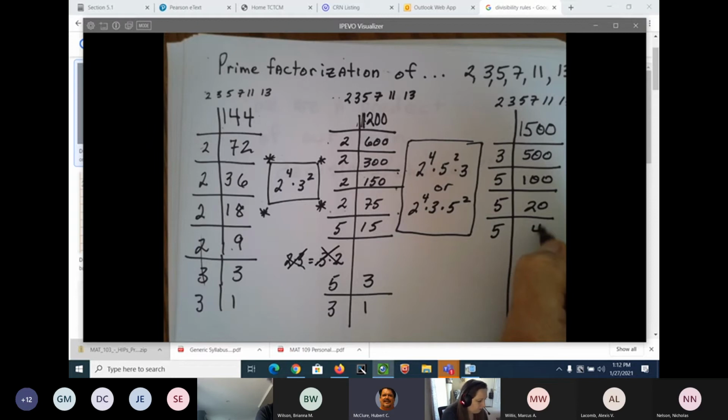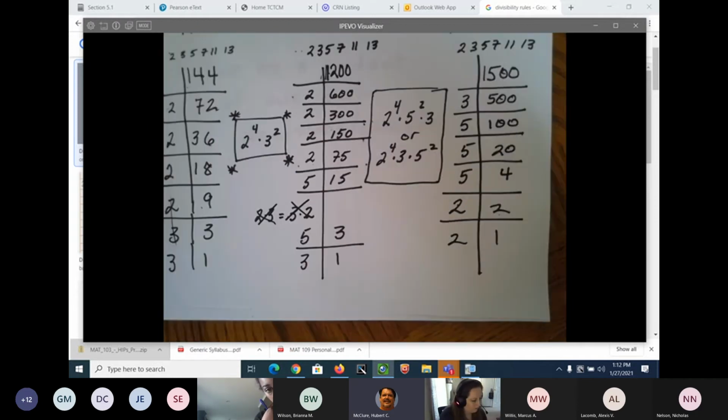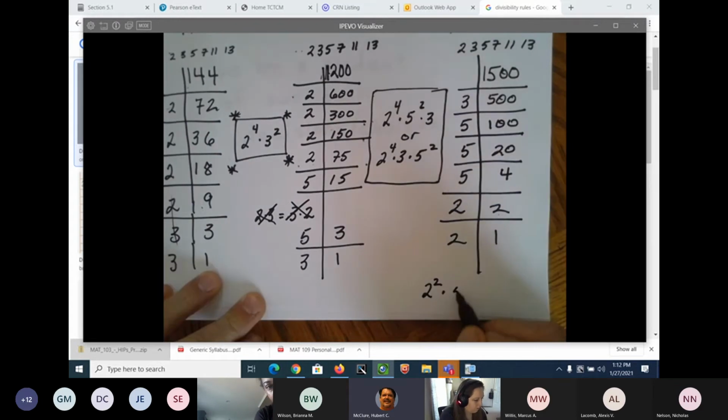So the prime factorization of 1,500 is 2 to the second power times 5 to the third power times 3, or 2 to the second power times 3 times 5 to the third power. It doesn't matter what order you put them in. I know some of y'all will be like, oh gosh, why can't you put the 3 in between them? You can.